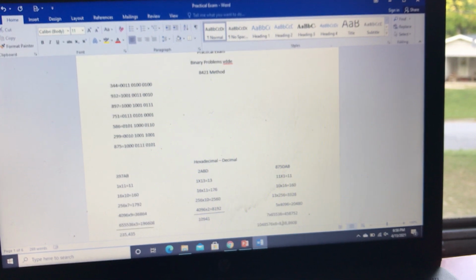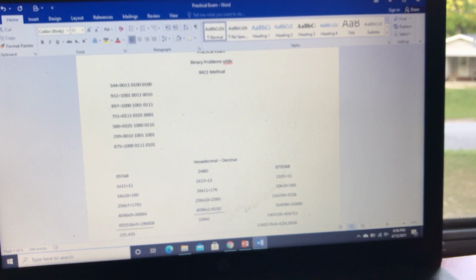Then you will continue on to do 256 times 7 and you will get 1792. Then you would do 4096 times 9 and get 36,864. Then you will multiply 65,536 times 3, and you will get 196,608. When you add all those together, you get 235,435.